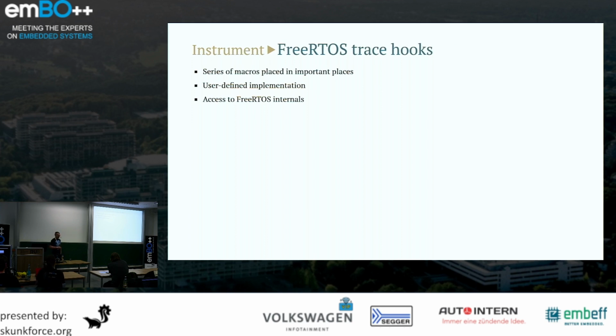In the case of FreeRTOS, we can use a feature called trace hooks, which are just a series of macros that are empty by default, but they are called in different places inside FreeRTOS.